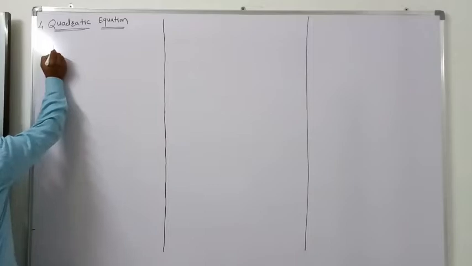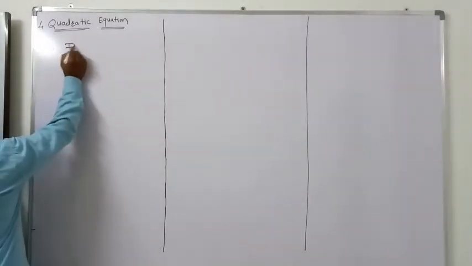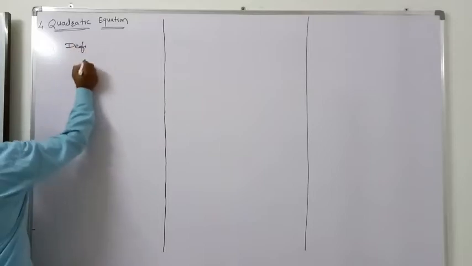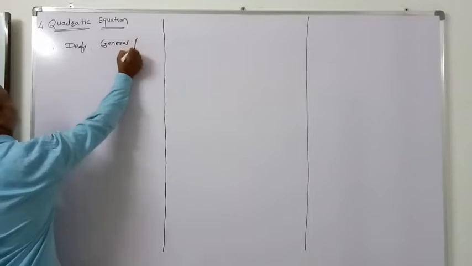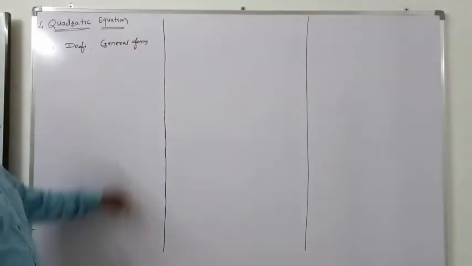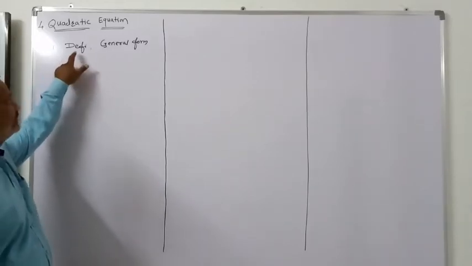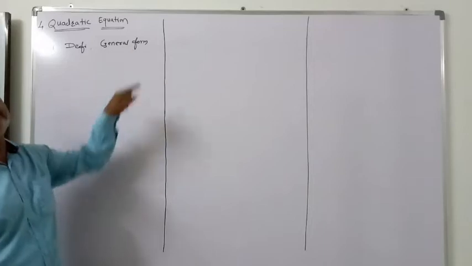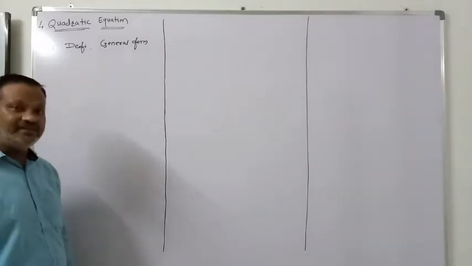The first part is the definition and general form. In this part we define what is meant by the quadratic equation and its general form, and what is the condition of that general form, that we will see.